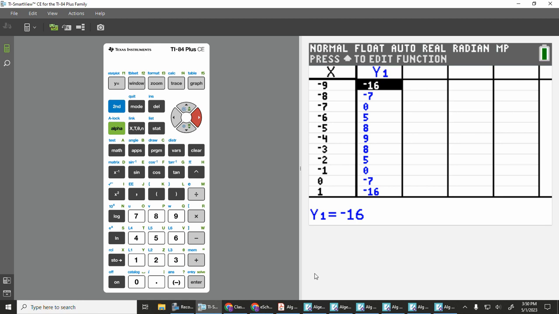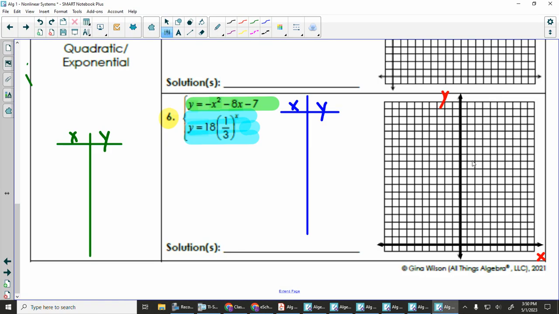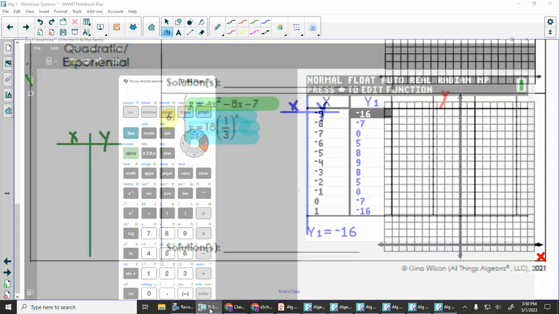Okay. Now, let's see, since they moved our axes on us, let's see how high we're able to go here. So let's see, we got 1, 2, 3, 4, 5, 6, 7, 8, 9, 10, 11, 12, 13, 14, 15, 16, 17, 18, 19. We're able to go as high as 19.